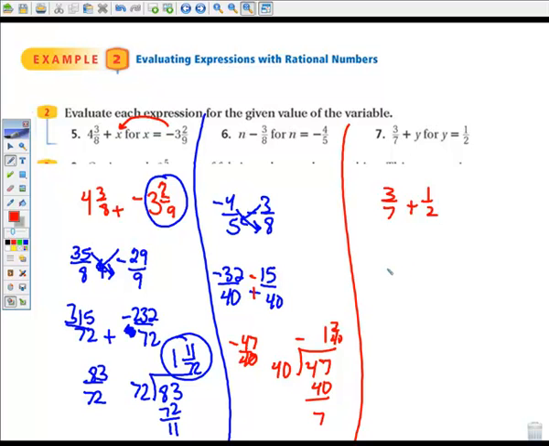Common denominator is 14. 3 times 2 is 6. 1 times 7 is 7. 7 plus 6, or 6 plus 7, is 13 14ths, it is simplified and it is in proper form.